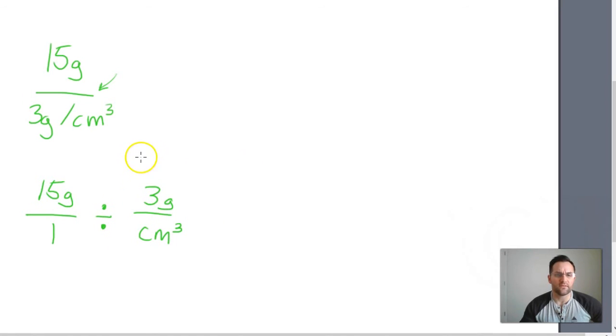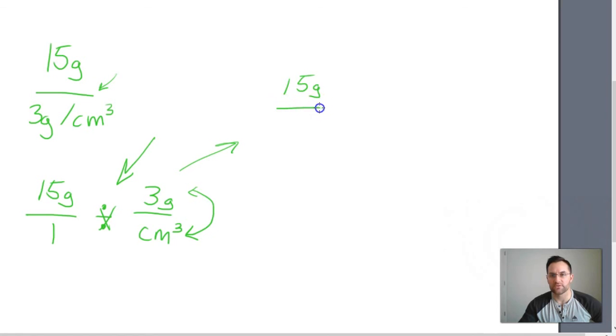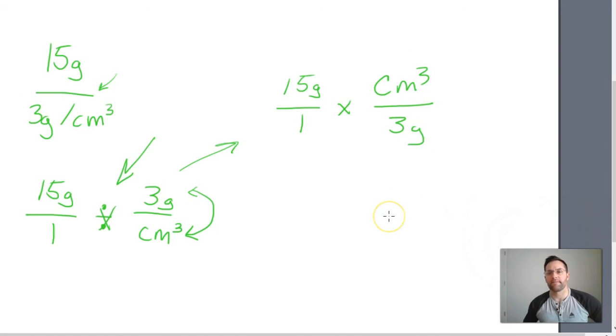Now, when we divide fractions, we simply flip the second fraction and then multiply. So we're going to rewrite this up here as 15 grams over 1 multiplied by centimeters cubed over 3 grams.